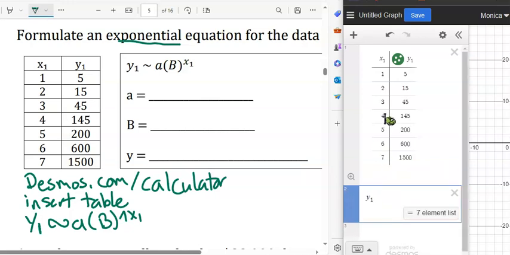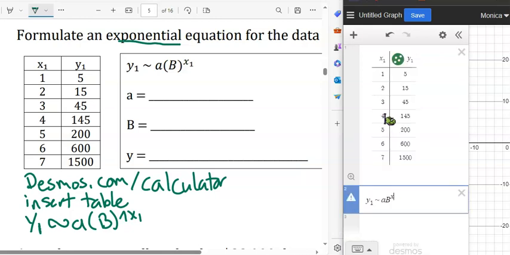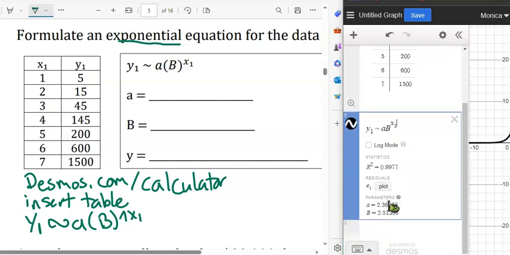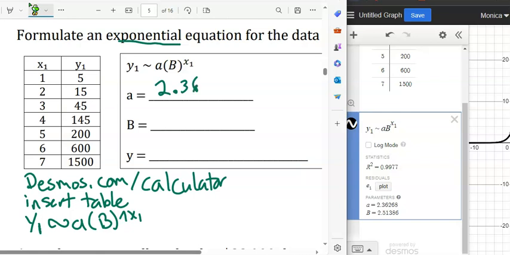Y1 tilde A B to the x1 power. And that gives you your A and your B, and you'll use that to find your equation for Y. So we have A is 2.36268, and then B is 2.51386.